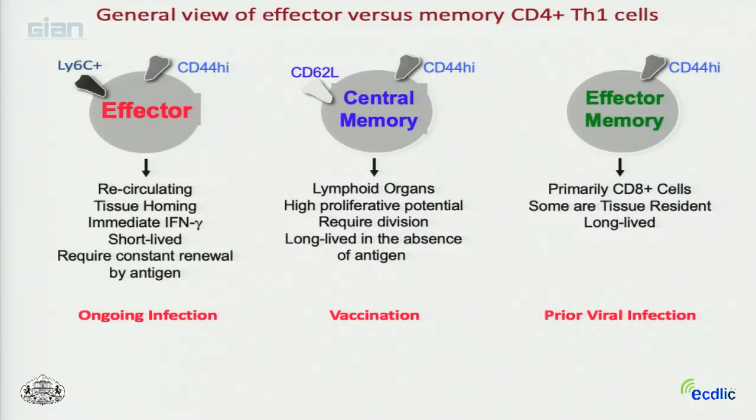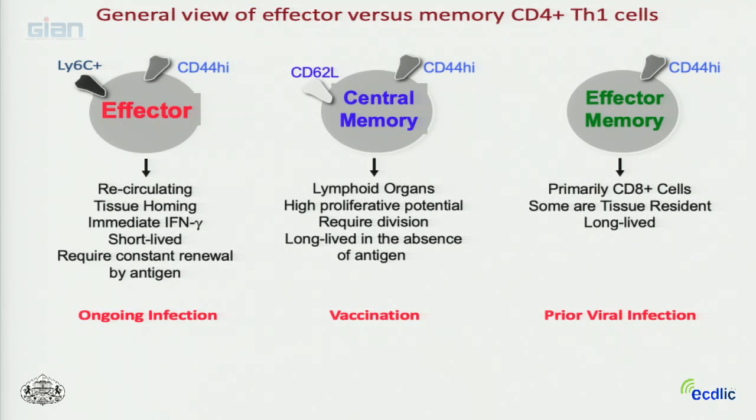So we'll just consider for a bit the nature of the CD4 cells that are activated and that confer the different kinds of immunity. And I'm sure you've heard these terms. There's effector cells and central memory cells and effector memory cells. We're not going to talk much about these. These are really discussed more in the context of viral infections and CD8 responses.